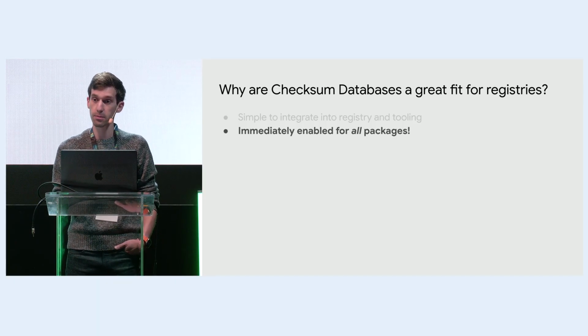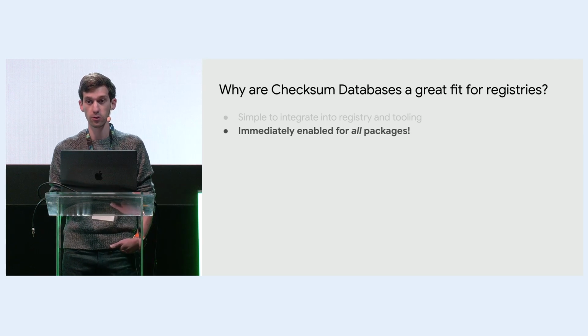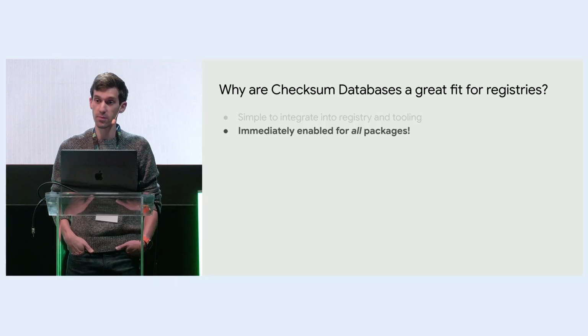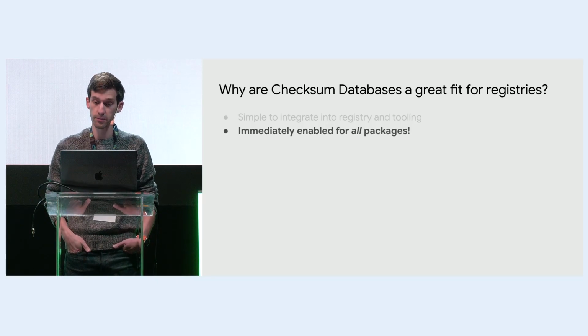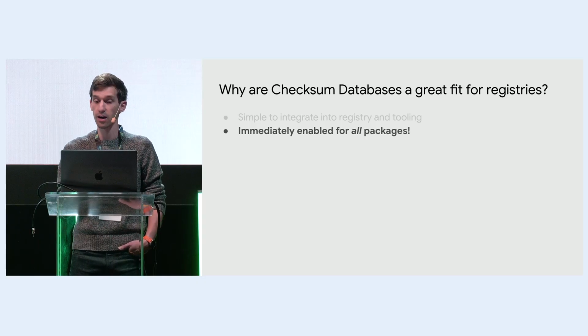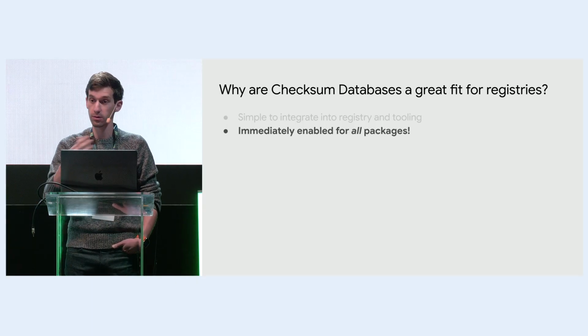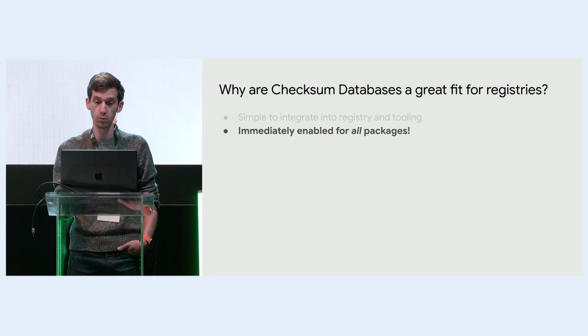But for a checksum database, whenever we spin one of these up for a registry, we can backfill it with all artifact digests that are distributed by the package registry, which means the tooling doesn't need any sort of policy to say some subset of packages might not have a proof. No, all packages in an ecosystem will be required to have inclusion proofs.